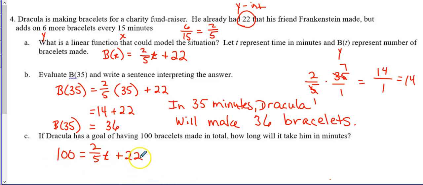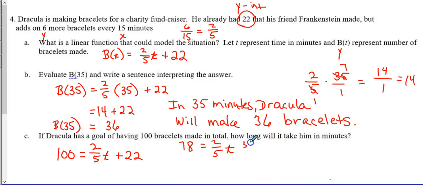Okay, so let's subtract 22 over here. That's 78 equals 2/5 t. And then I need to get rid of the 2/5. To get rid of 2/5, I need to multiply. Let's multiply times 5 first.